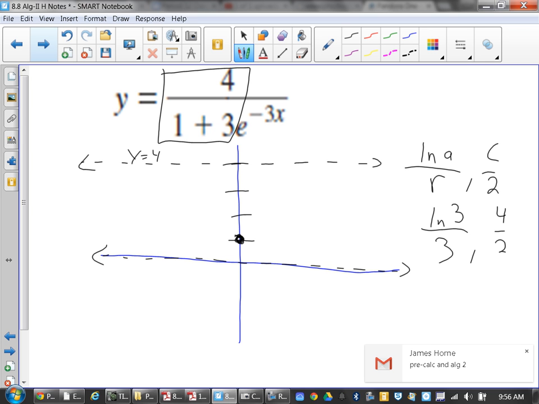So whatever the decimal value works out to be, there's your other point. 0.36 and 2. Wait, shouldn't it be more than 1? No, it's the natural log of 3 divided by 3. It's 0.37 if you round up.